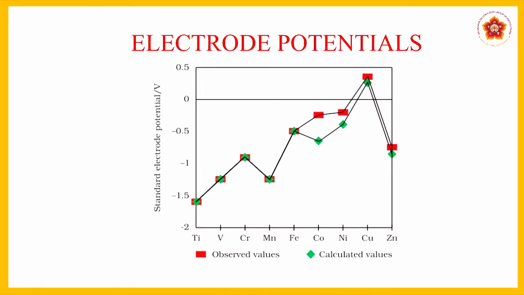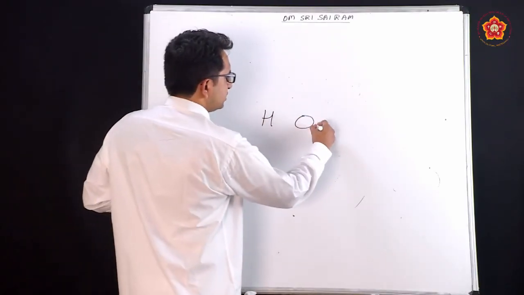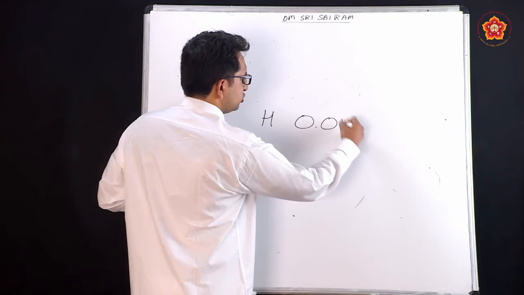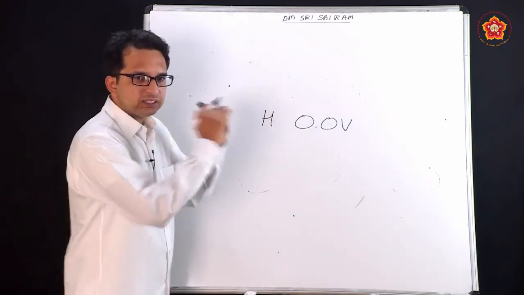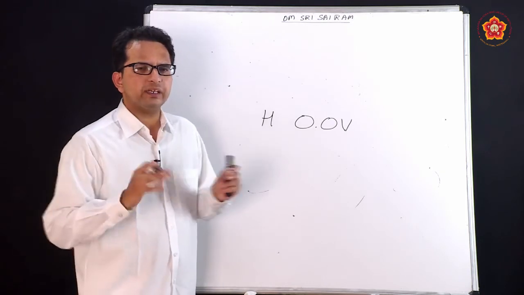In the electrochemical series that we study in the electrochemistry part, we realize that electrode potentials are measured considering a standard of hydrogen, which is taken as 0.0 volts. Considering this as standard, all other metals are put up.